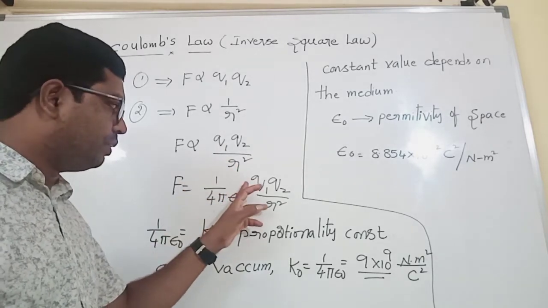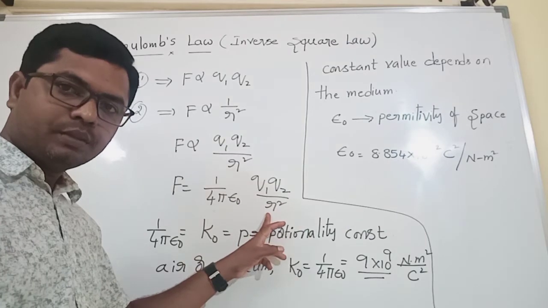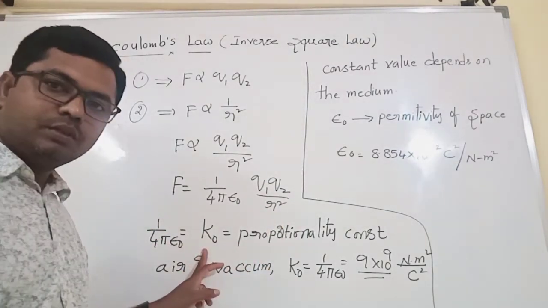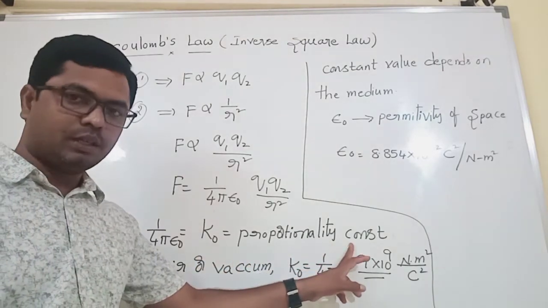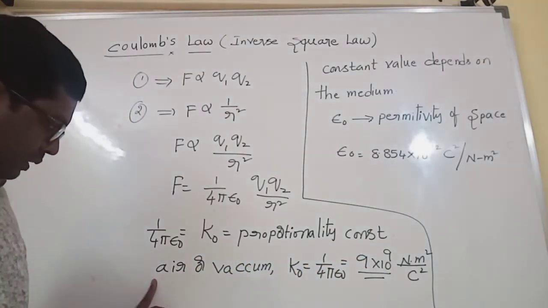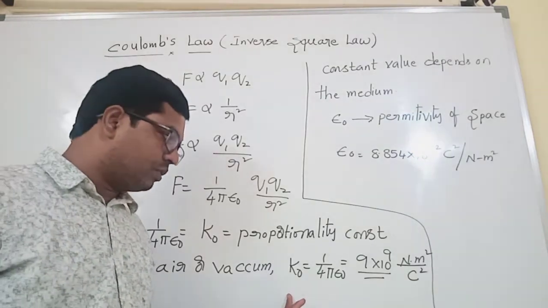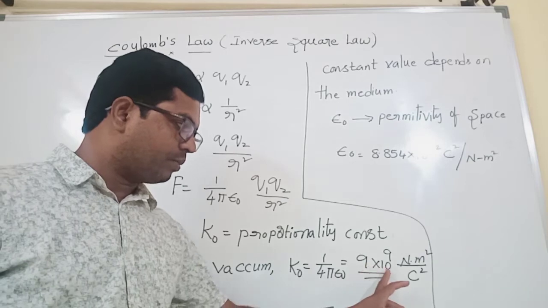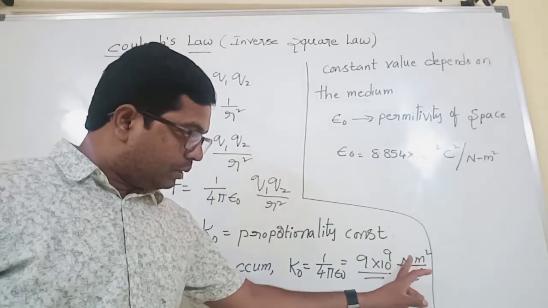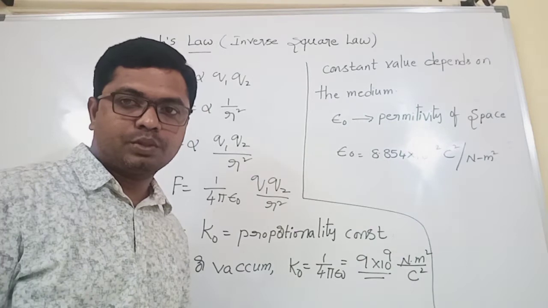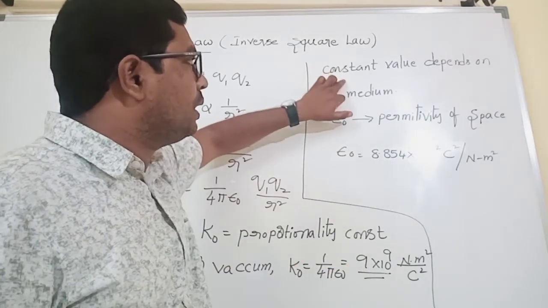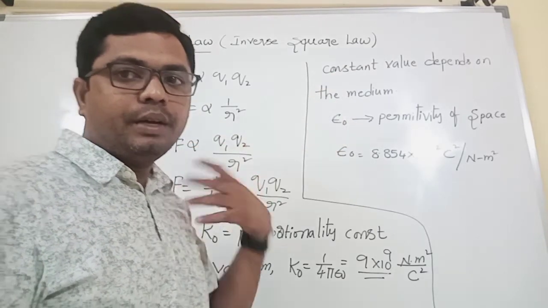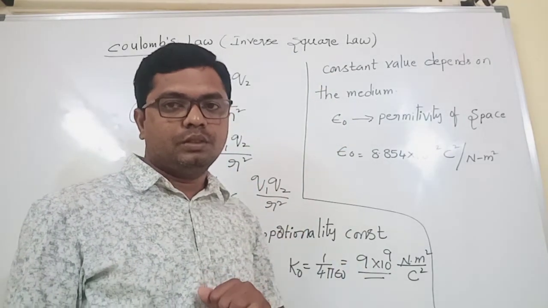This is as usual Q1 Q2 divided by R square, where 1 by 4 pi epsilon naught is equal to K naught, called the proportionality constant. So in vacuum, K naught is equal to 1 by 4 pi epsilon naught, that is equal to 9 into 10 to the power of 9 Newton meter square by coulomb square. Here the constant value K naught depends on the medium. If the medium changes, K naught also changes.